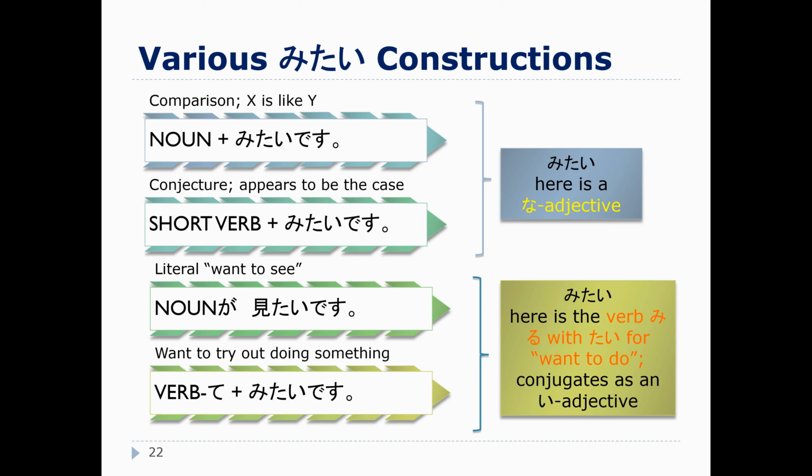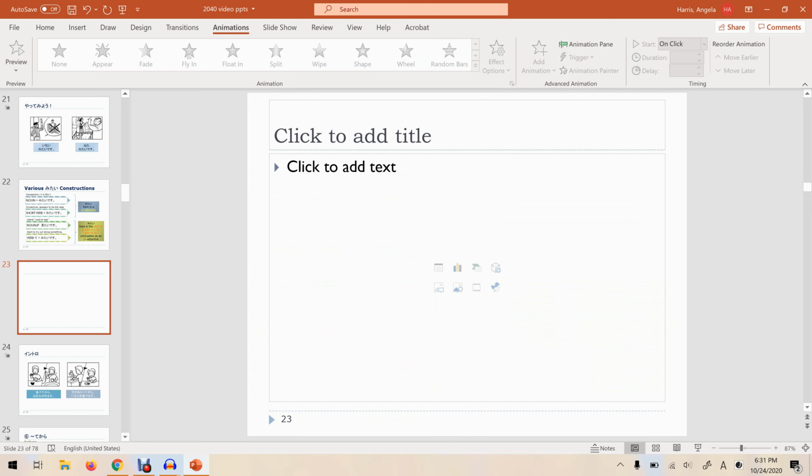So in these two, 見たい is like a verb 見る, with the たい construction at the end for what you want to do. In these two cases, 見たいです is an i adjective. So the ones we talked about today are not i adjectives. The ones we have talked about in the past are i adjectives. Okay, that's it for our explanation of みたいです. See if you can use the information to practice the activities below.